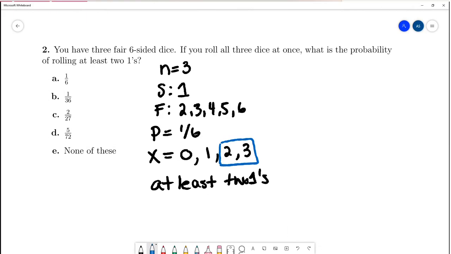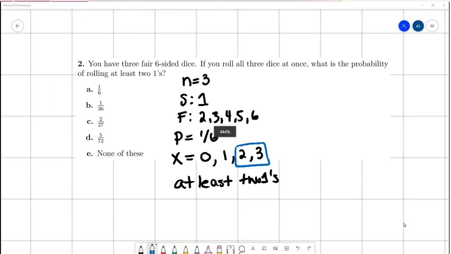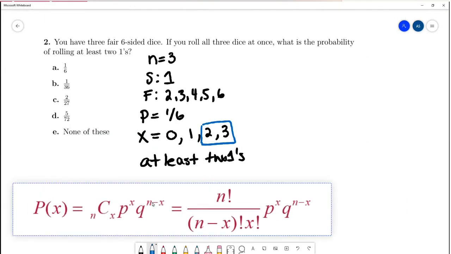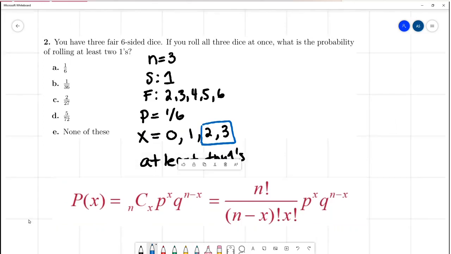So to do that, we need the formula for calculating probability of a binomial experiment. So I have the formula here for us to look at. And this is the formula that we use.